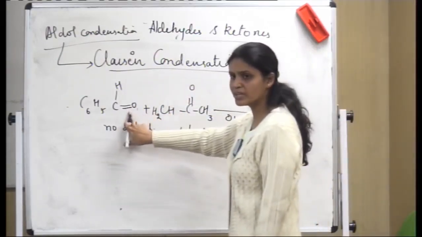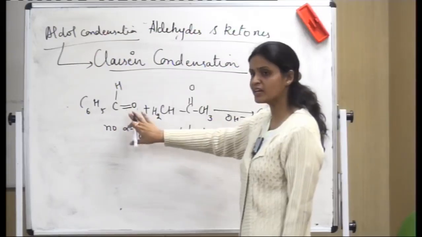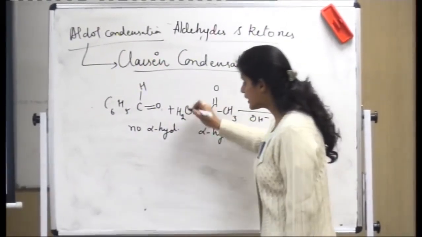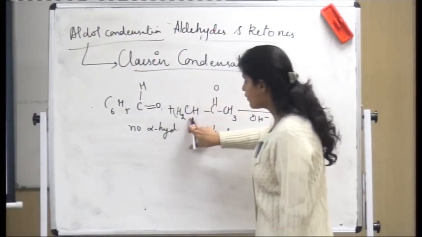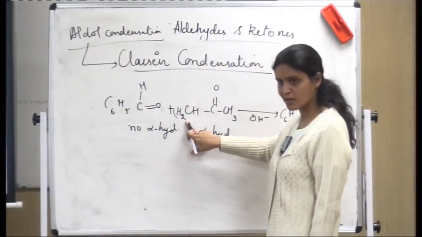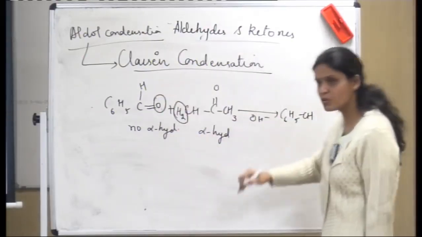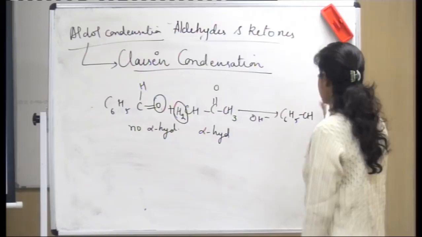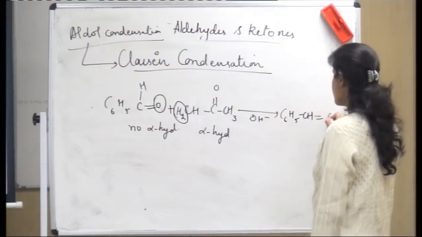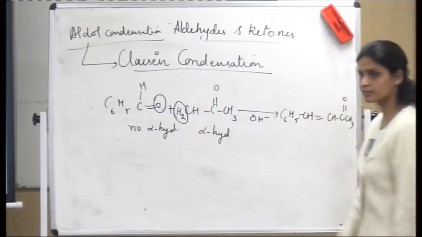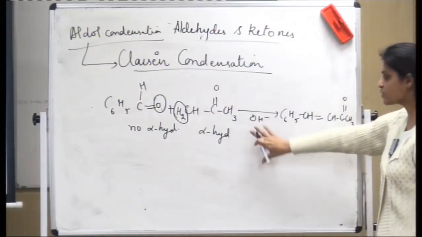First it will form the aldol and then it will undergo the condensation reaction to remove the water molecule. So I am directly removing this water molecule, with hydrogen removed from the alpha carbon. That means this H2 will go and this oxygen will go, and what I will get is C6H5CH=CH-CO-CH3. I skipped one step.